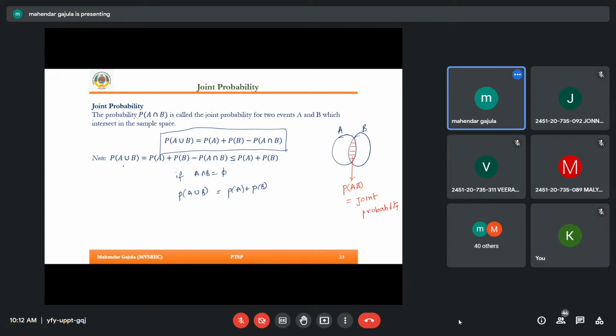Now the probability of A union B is P of A plus P of B minus P of A intersection B. This is less than or equal to the summation of individual probabilities. This is equal when A intersection B is null set. If A intersection B is not null set, the less than inequality comes into picture.